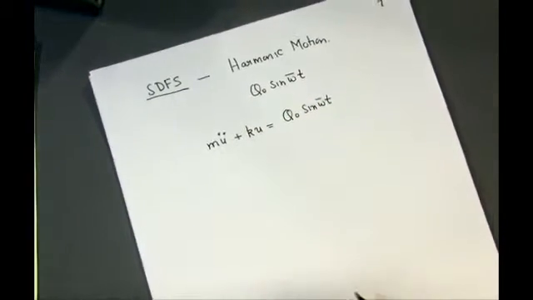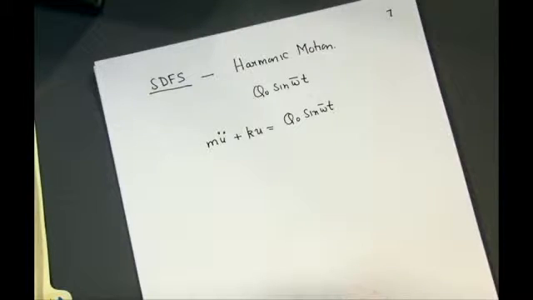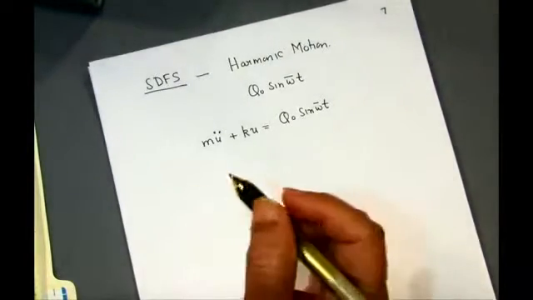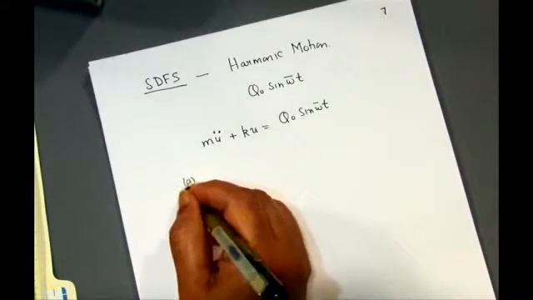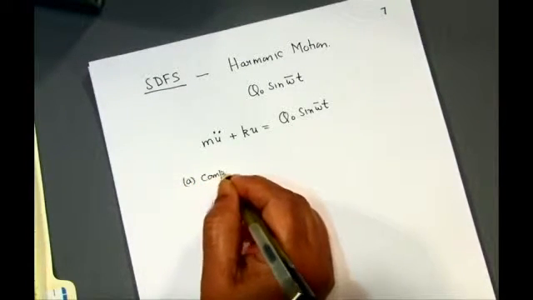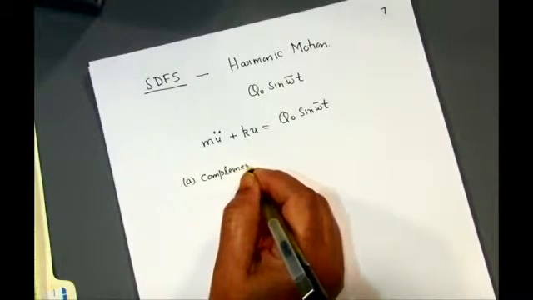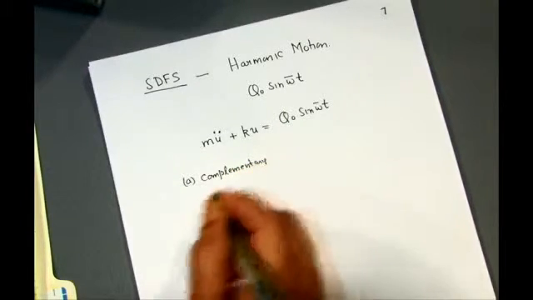Okay. Now when we have this kind of differential equation, our solution, we know, has two parts. One is called the complementary part, and the other is called the particular part.